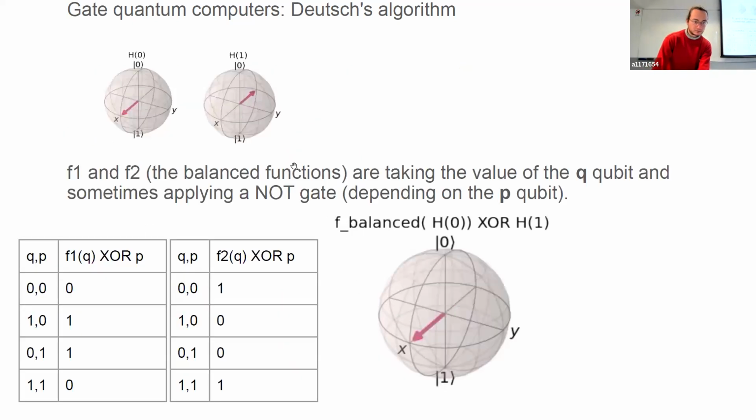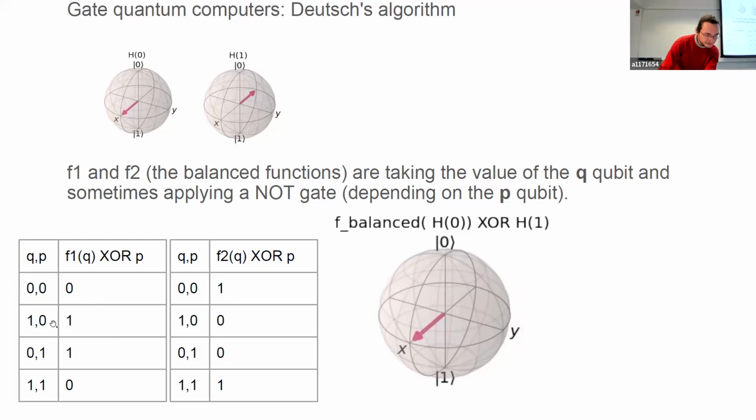Okay, so now let's look at what these F1 and F2, the balance functions, do. If you look at the table here, when P is in 0, they take the value of the qubit, and F1 preserves it and F2 flips it, right?